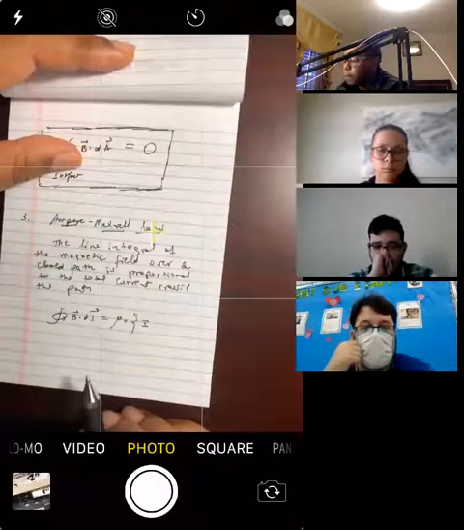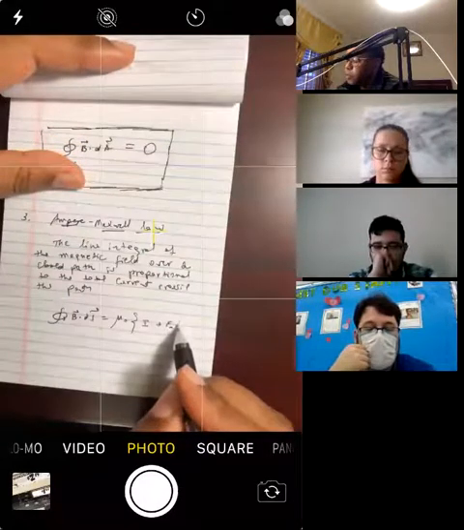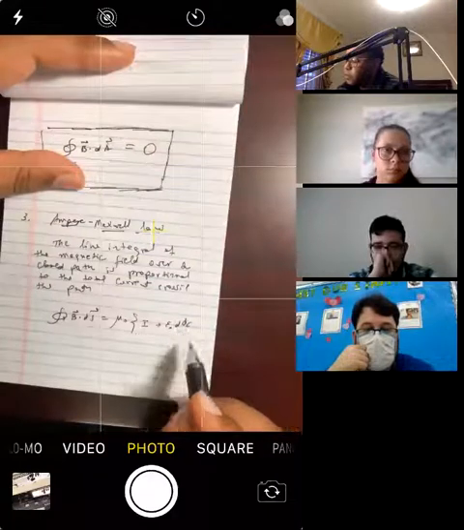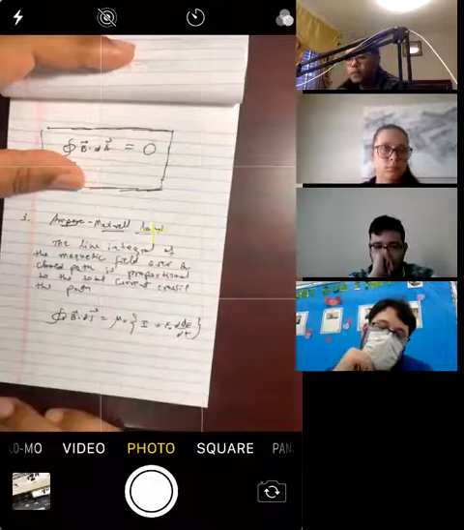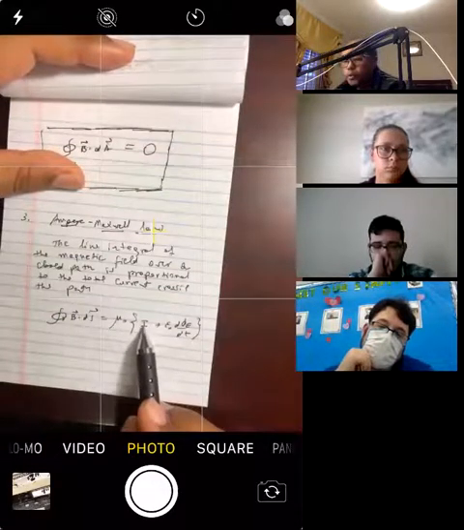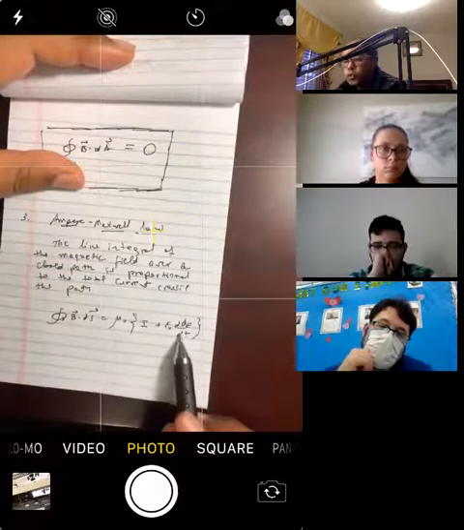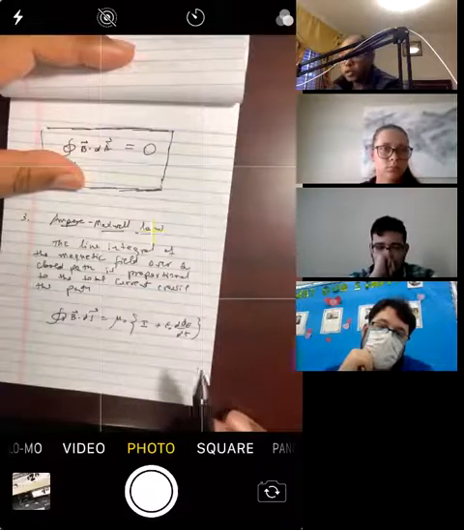That is epsilon times the derivative of the electric flux with respect to time. So this is Ampere's law. This was discovered by Ampere experimentally, and this was introduced by Maxwell theoretically.